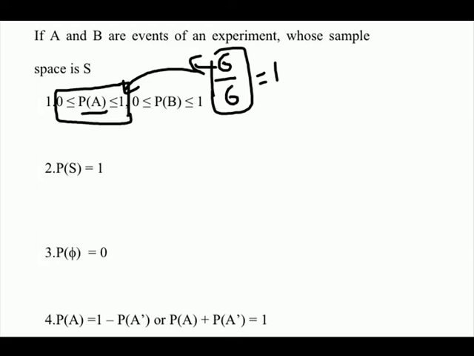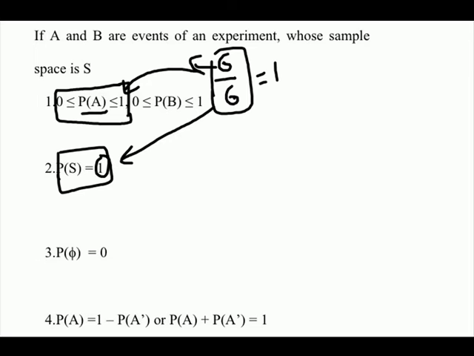Which nicely brings us to the second point, and that is the probability of the total sample space is always 1, which is, as we discussed here, the total sample space is 6 in the case of rolling a dice, and the numerator is 6 as well.